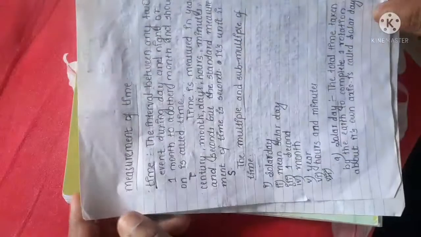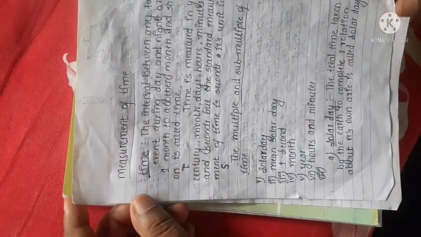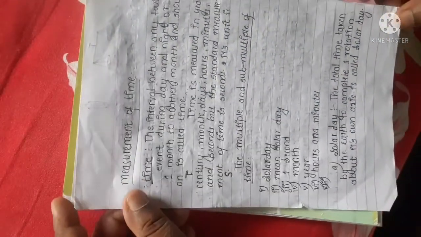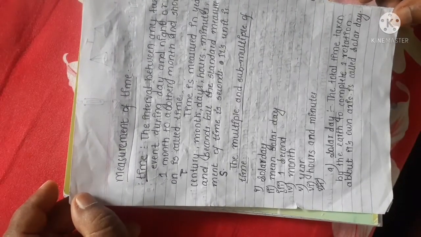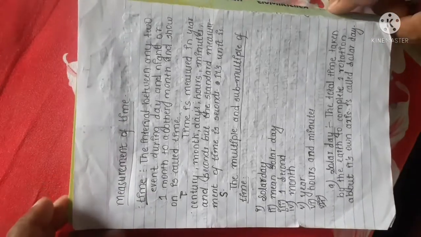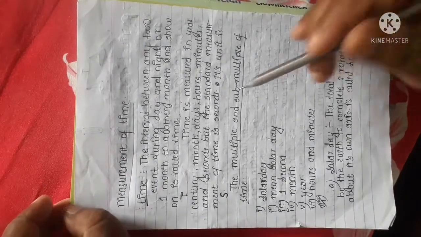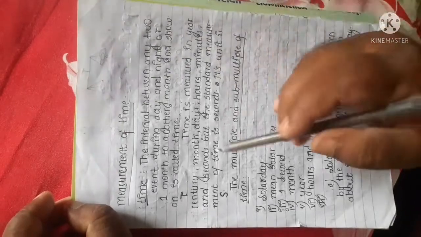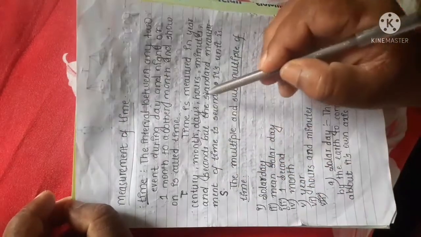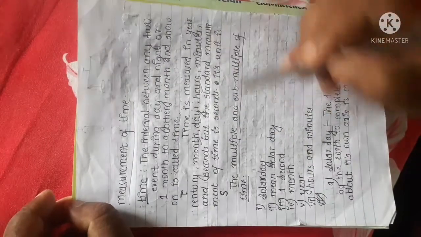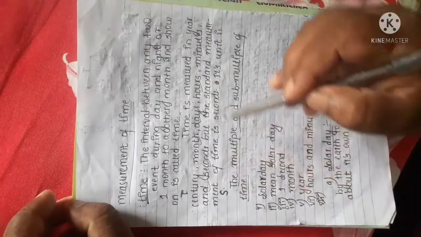The period between two consecutive intervals is simply called time. So time is measured in year, century, month, day, hours, minutes and seconds.